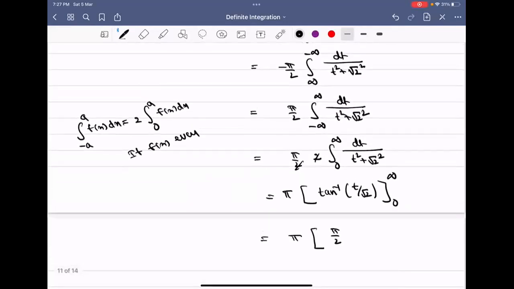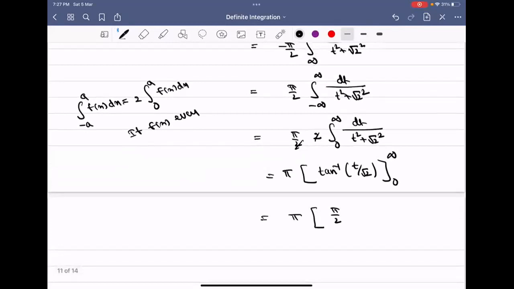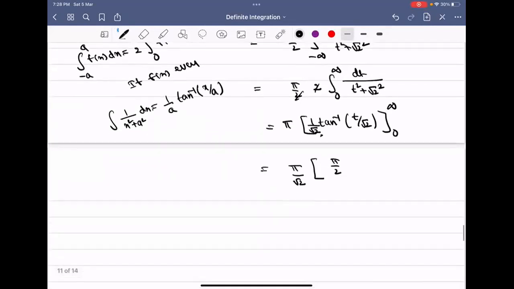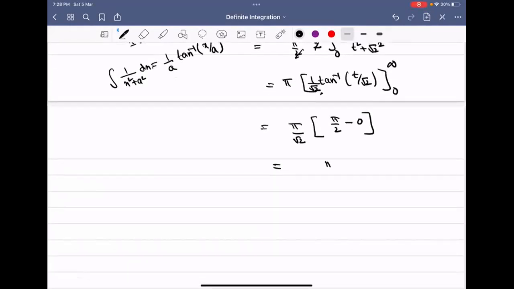Integration of 1 by x square plus a square dx is equal to 1 by a into tan inverse x by a. This is the formula. So here 1 by a is 1 by root 2. So here pi by root 2, tan inverse infinity is pi by 2 minus tan inverse 0 is 0. Therefore eventually what you get? The answer is pi square by 2 root 2. So this is the answer.